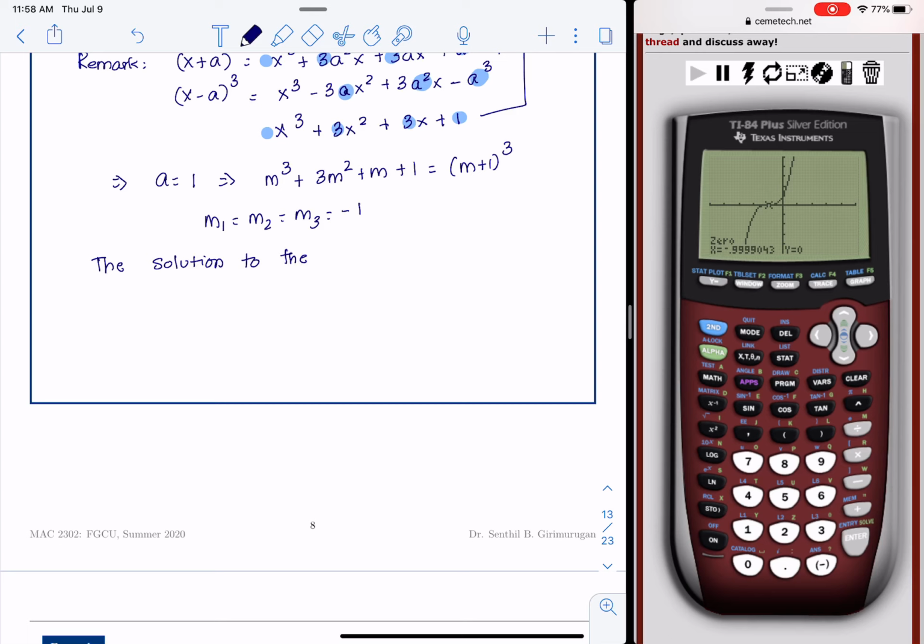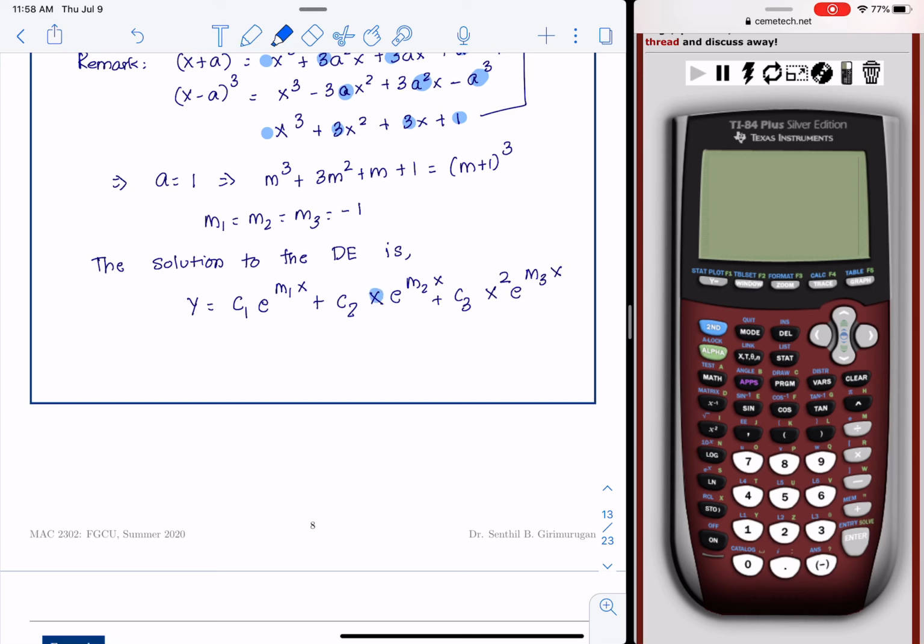So the solution to the DE is y equals c1 e raised m1x. Since it is repeating, c2 x e raised m2x and c3 x squared e raised m3x.